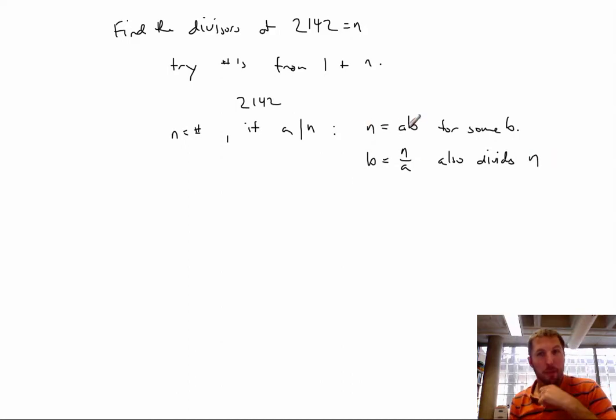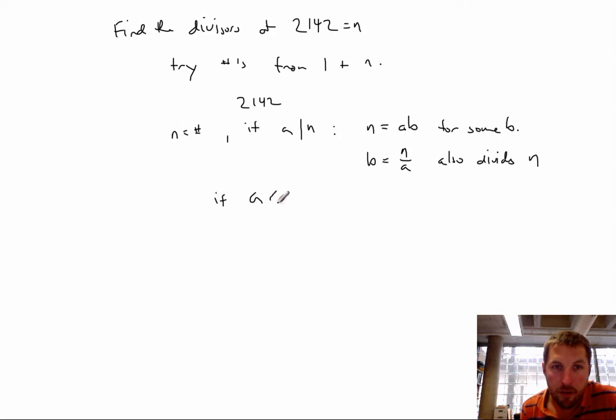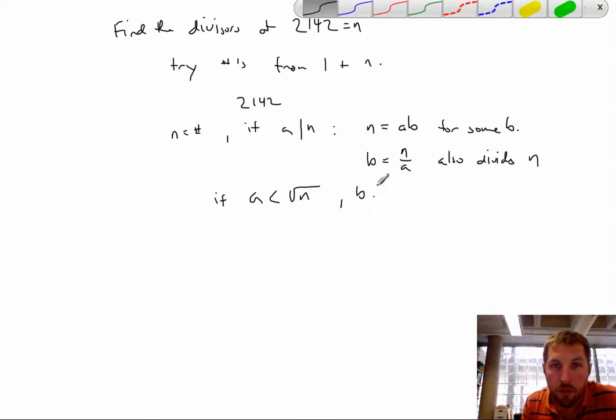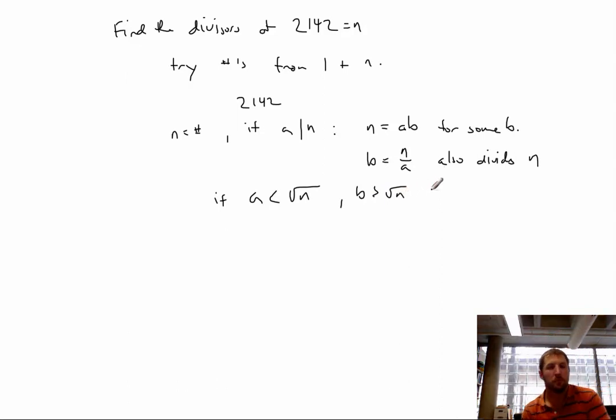And in particular, if we start with the smaller ones, we know that b is bigger than a. And furthermore, we know that if a is less than the square root of n, then b must be greater than the square root of n.